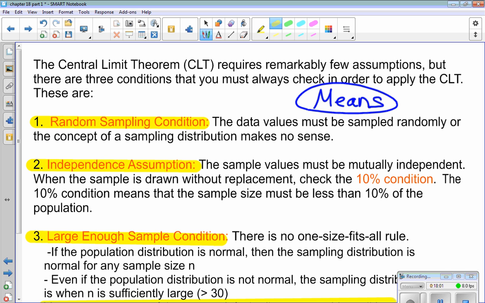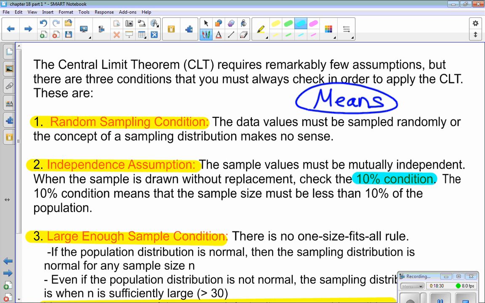If they were independent, great. If not, we have to do something called the 10% condition. So if we don't know that the samples were collected independently of one another, then we're going to use the 10% condition instead. The 10% condition simply means that the sample size is less than 10% of the population.